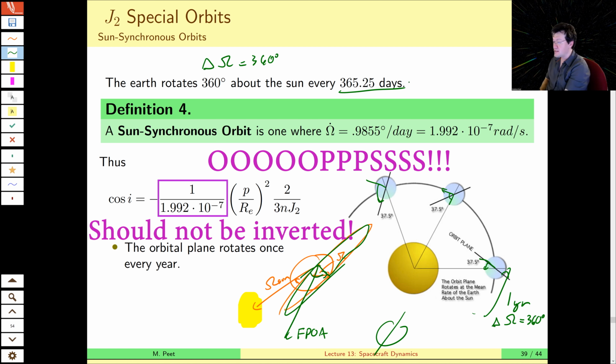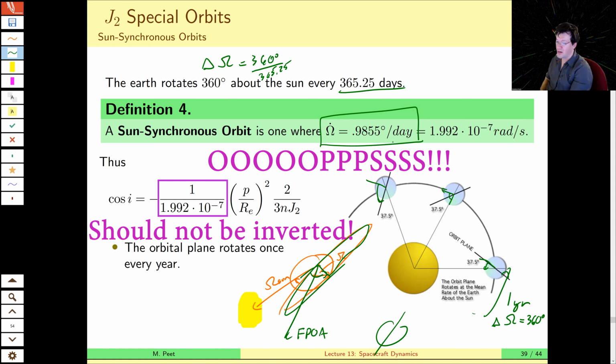In any case, if we divide 360 degrees by 365.25 days, we get that the desired rate of rotation of the right ascension is about 1 degree per day.